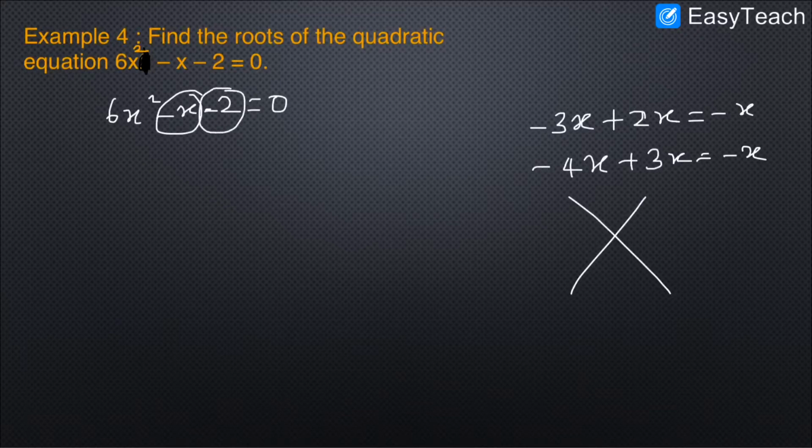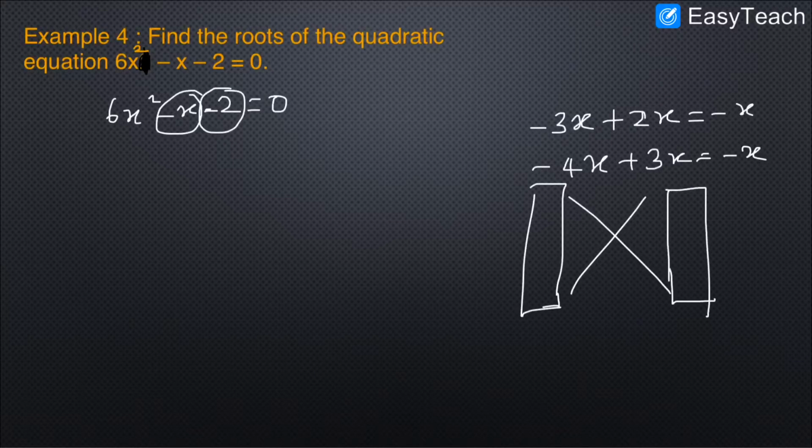So here there are two sides, the left side and the right side. On the right side, you just look at the constant number, which is minus 2. You split the number as 1 2s are 2. Later we will add the negative sign. On the left side, you look at the first term, which is 6x square.